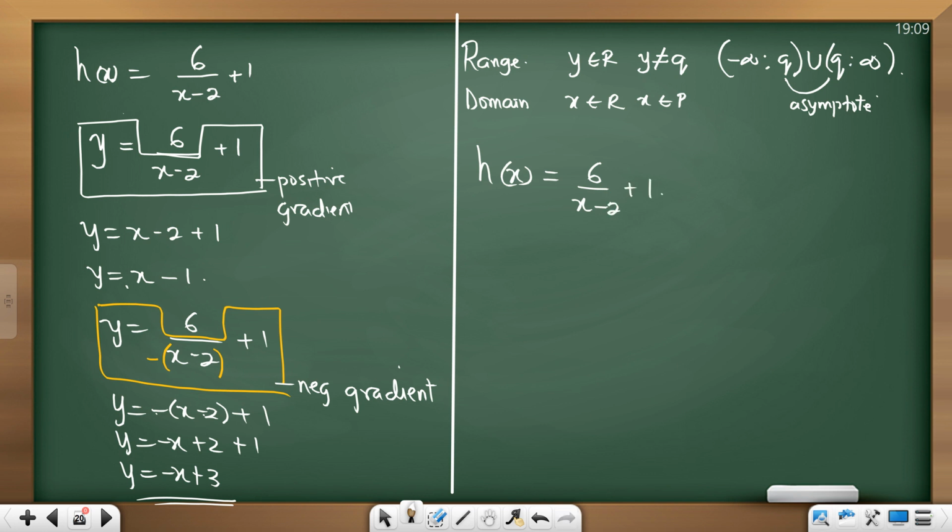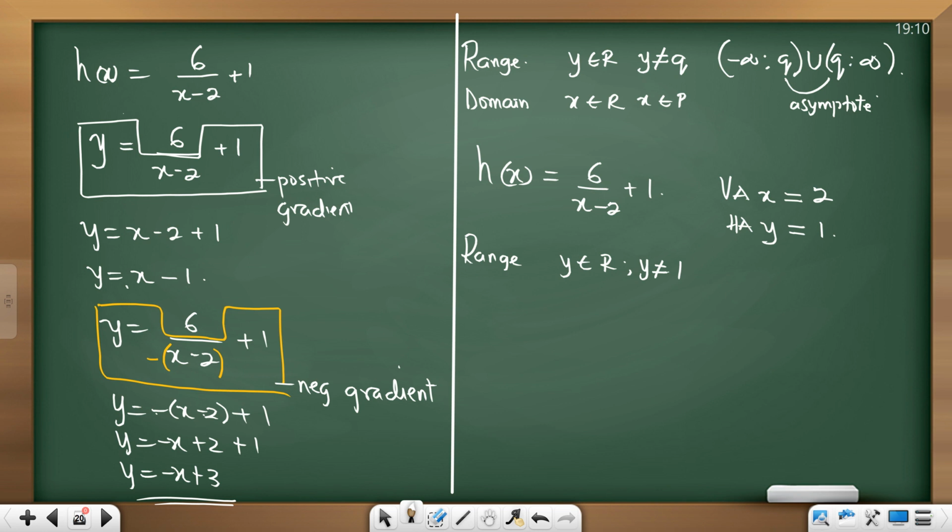What's your asymptote here? We said vertical asymptote. I normally say VA. X equals to what? 2. Horizontal asymptote, 1. What is my range here? Y is an element of real numbers, but y should not be equal to 1. Does that make sense?